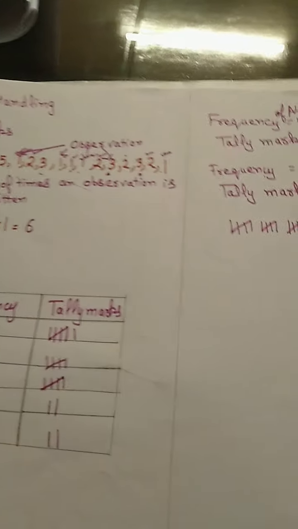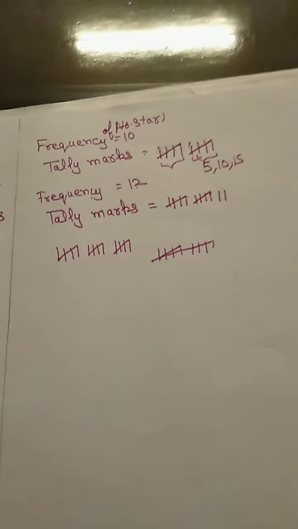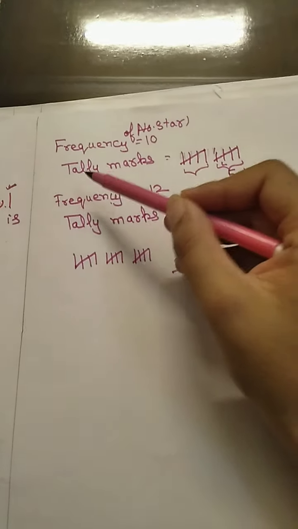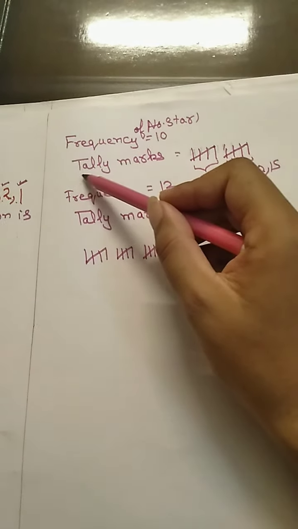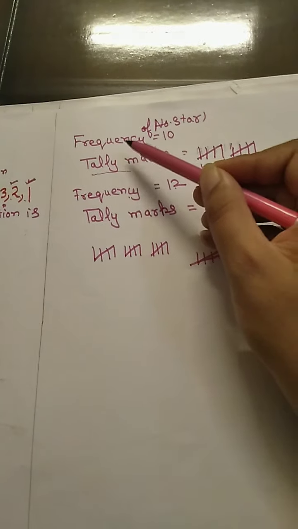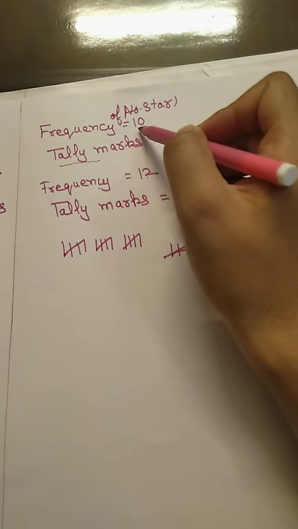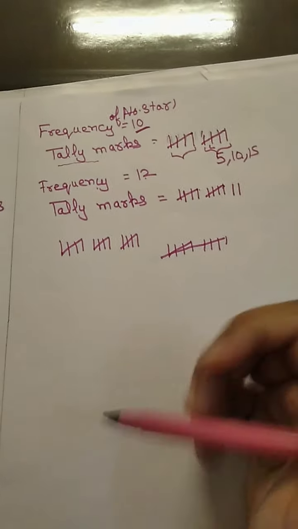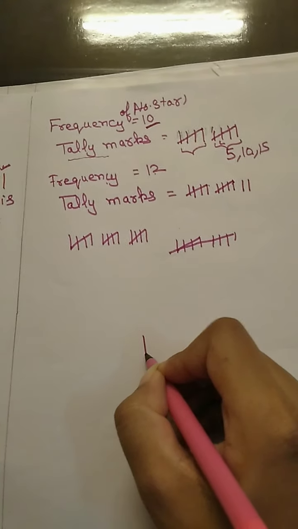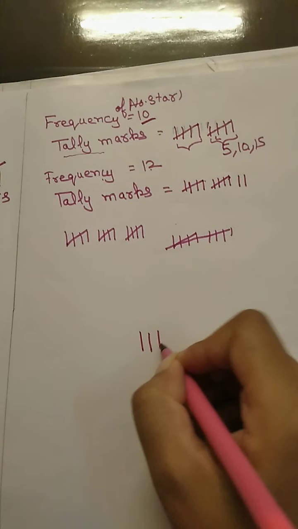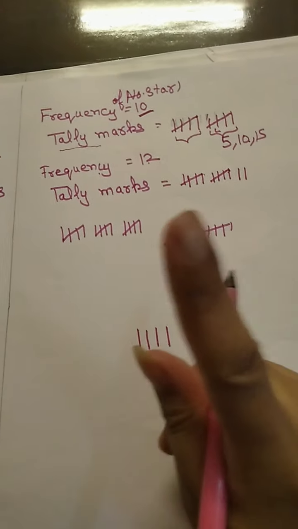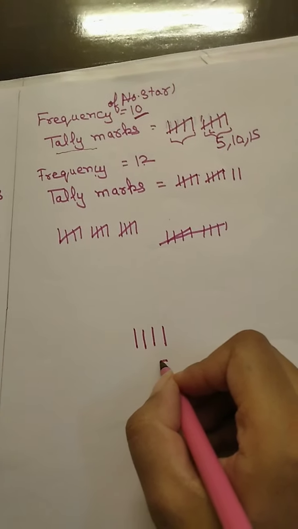So what are tally marks? Tally marks are used to represent the frequency. How can we write the tally marks? Tally marks of 10. Here we will write 1, 2, 3, 4, and we can't write 5 in the form of a line.